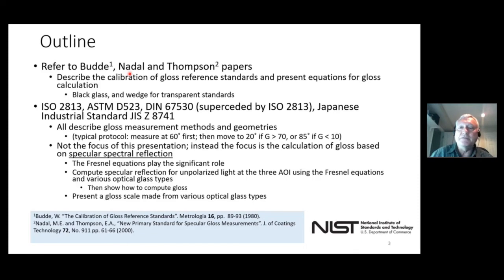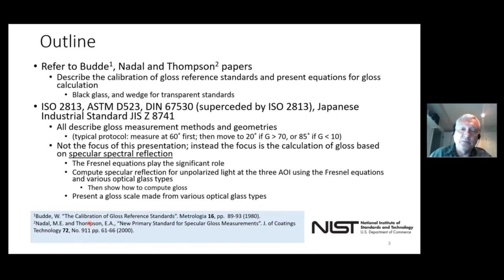Throughout, I'm going to be referring to two papers, and they are those of Wolfgang Buda of the NRC, and I apologize if I have the pronunciation wrong, and Maria Nadal and Ambler Thompson of NIST. The citations for these papers are given here, and I highly recommend you obtain a copy if you're interested in learning more about accurately measuring gloss.